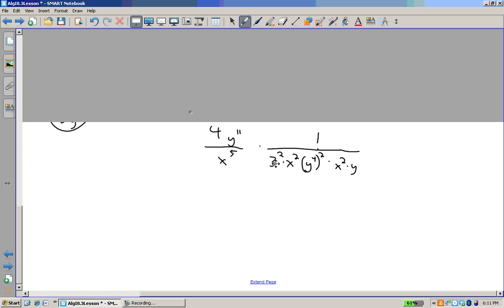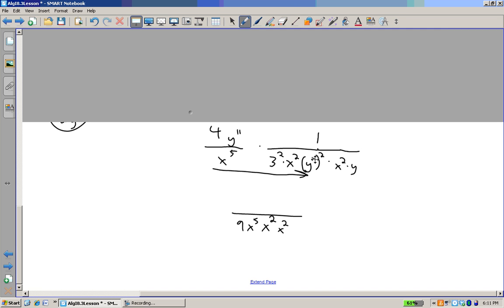Okay, this 3 to the squared, that's 3 squared is 9. By the way, I'm combining across here. 3 squared is 9. Let's see, we've got x to the 5th, x squared, x squared. 1, 2, 3 sets of x's.